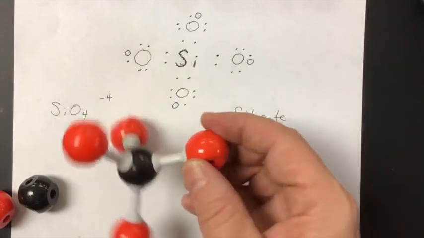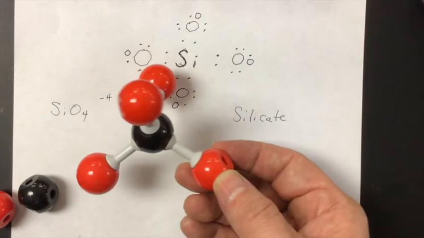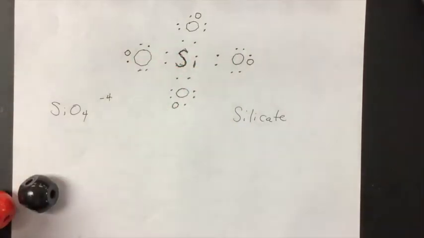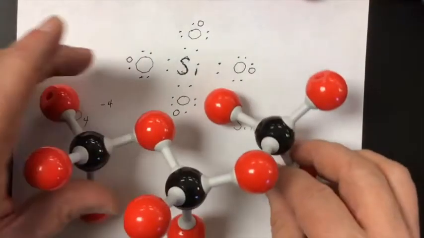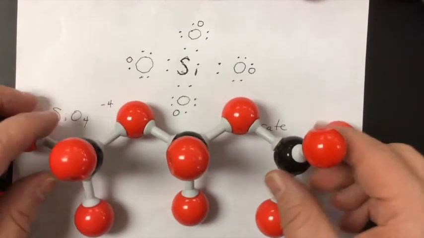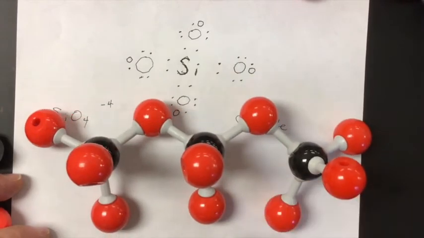So if I were to use this extra electron to form a bond with another tetrahedral group, then I could have a chain. You could just imagine a very long chain of tetrahedral groups. We'll look at a table in a minute to show you the different rocks that would be made up of singles or chains or cyclics or sheets or three-dimensional groups.